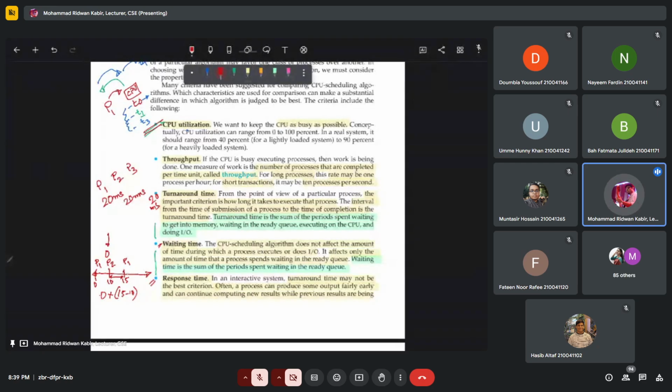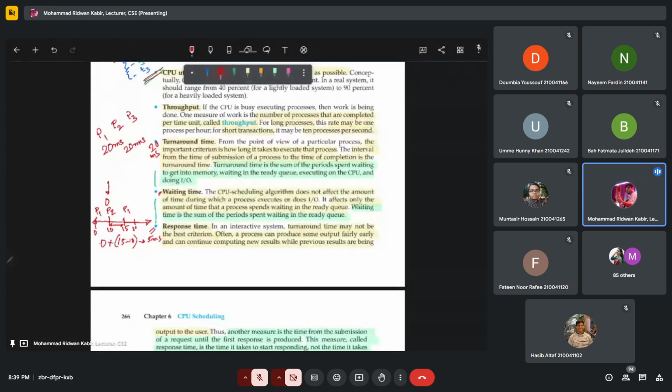So if after this P1 finished execution at time 20, the waiting time for this process would be 5 milliseconds. So this is how we calculate waiting time. I'll give you a comprehensive formula which you can use, but it is not given in the book. It's based on how examples are solved, and it's a generic formula that will fit every scenario.